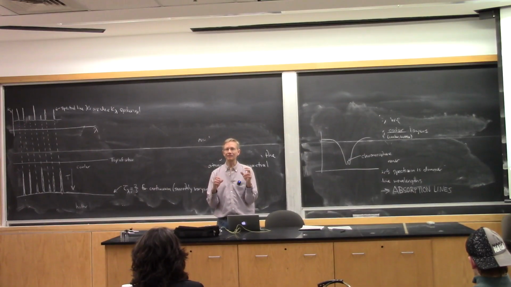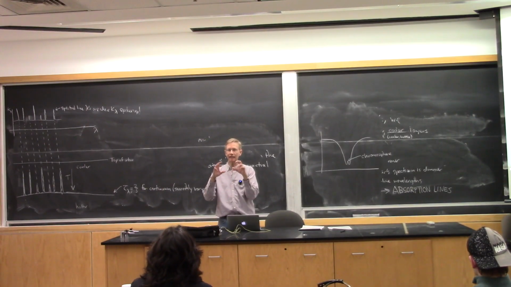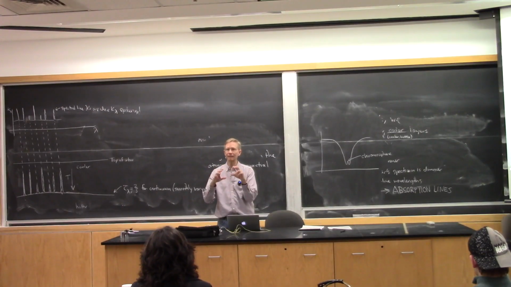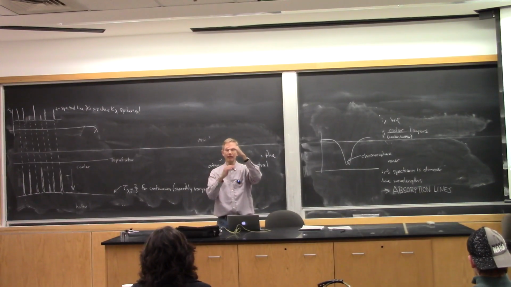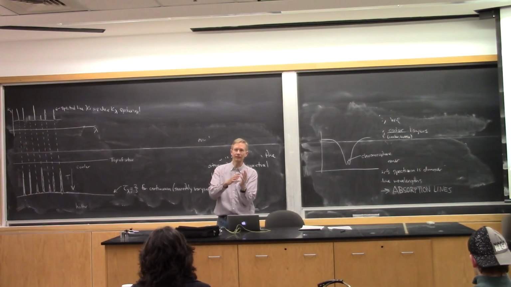The point is that if you have two objects at different temperatures and you compare the Planck spectra as a function of wavelength, there's a bigger contrast for stellar temperatures.